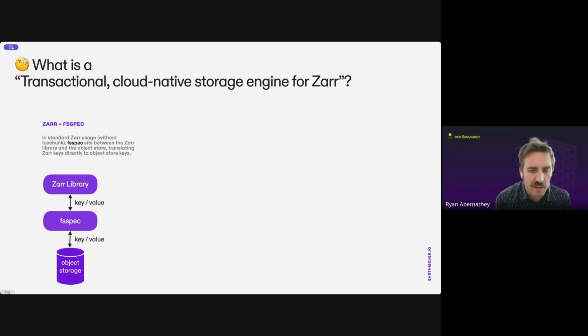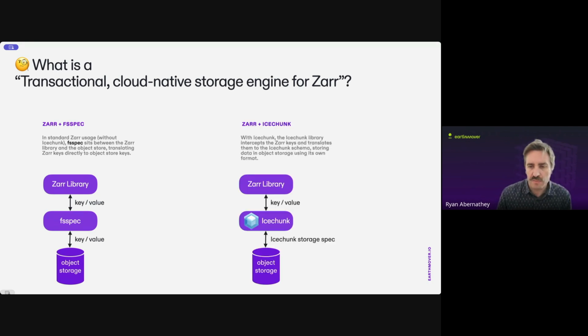And FSSpec manages the I/O, sending data to and from the cloud object storage. And it does so in a pretty lightweight way. Zarr just represents data using keys and values, so it can store anything in a key value store. And FSSpec just passes those keys and values through unchanged.